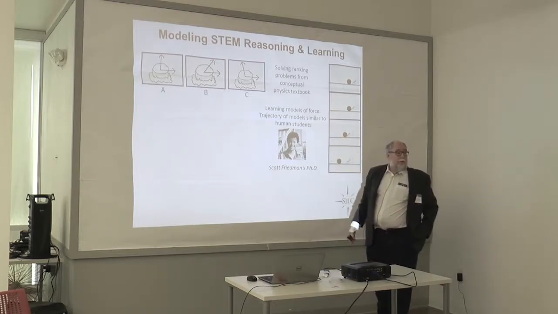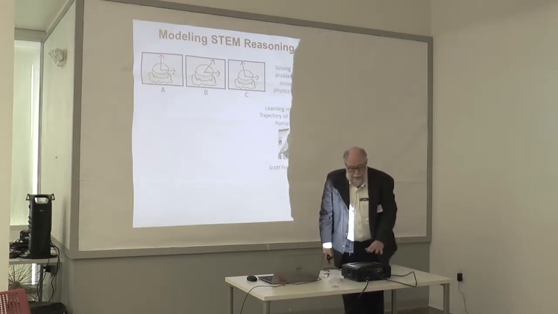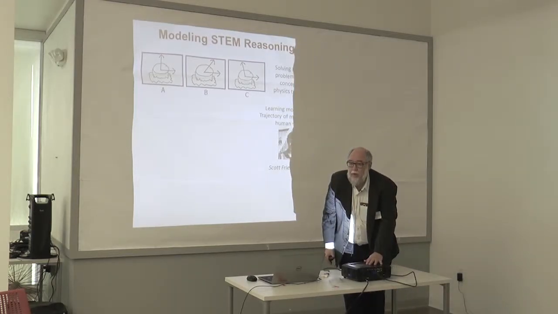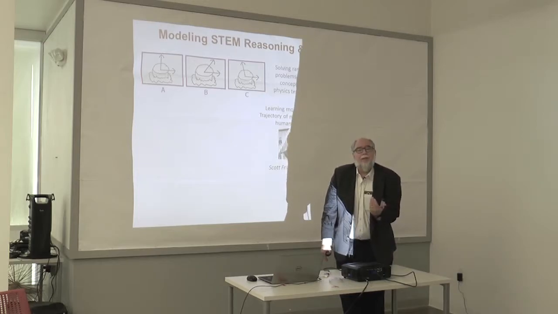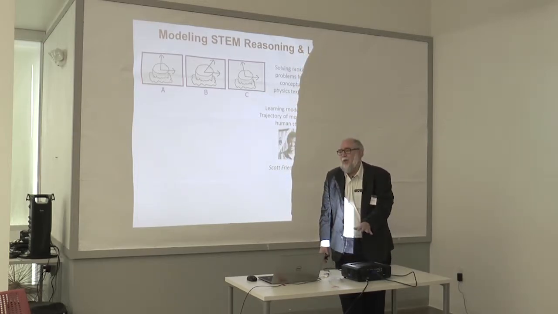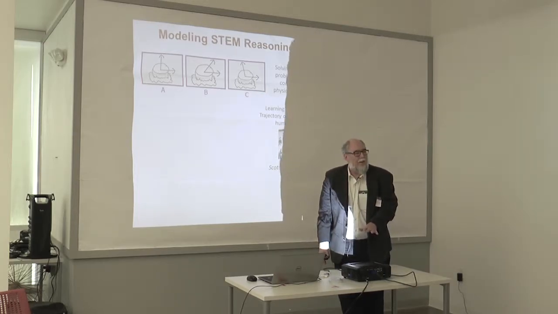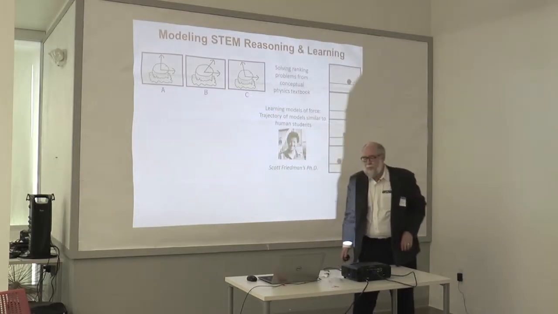For instance, if you were to ask a child at a particular point, hey, is the table pushing on this projector? Their answer would be, well, of course not, because then it would be going upward. And CogSketch falls for that misconception during parts of its learning cycle.